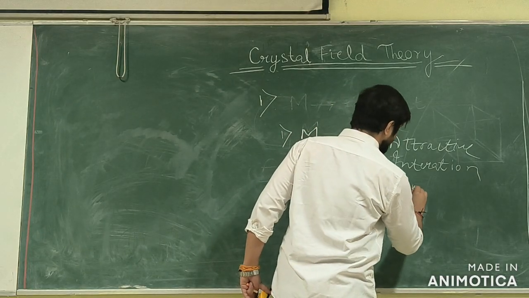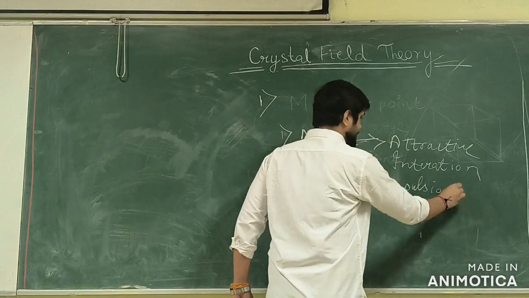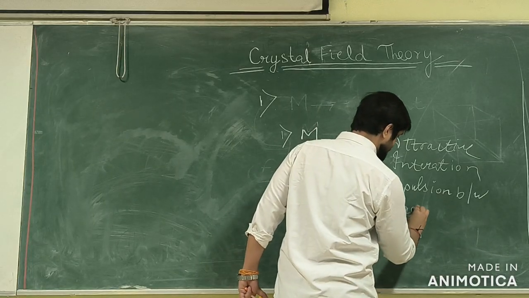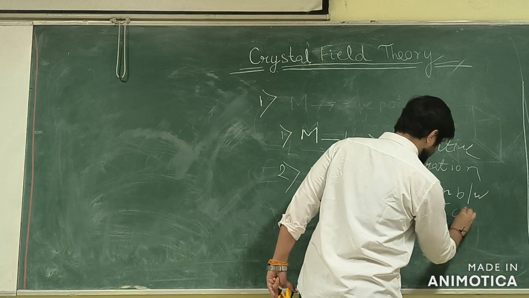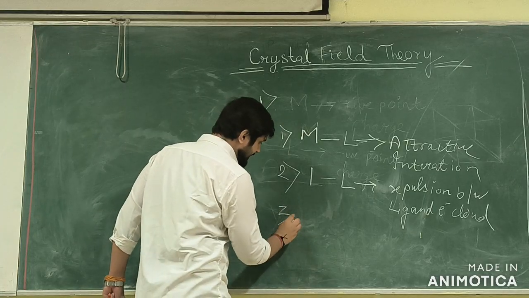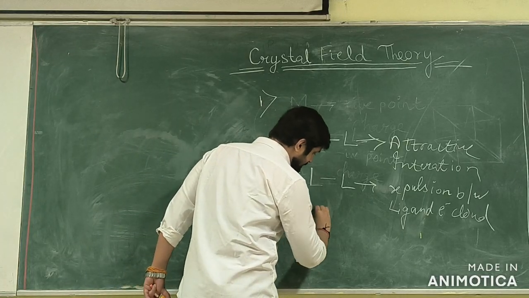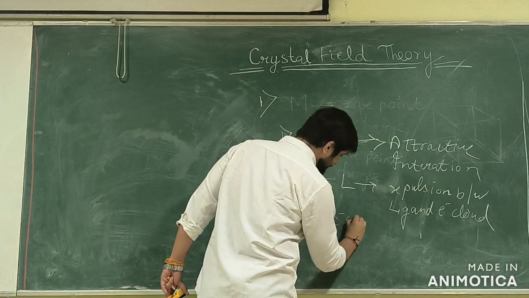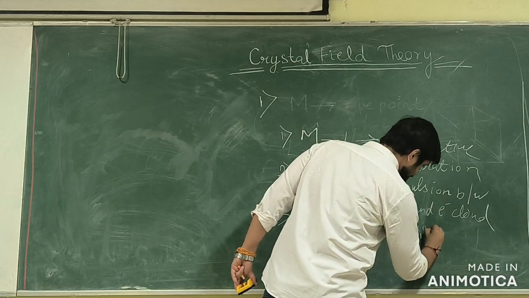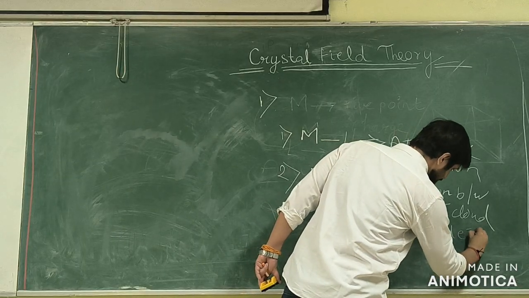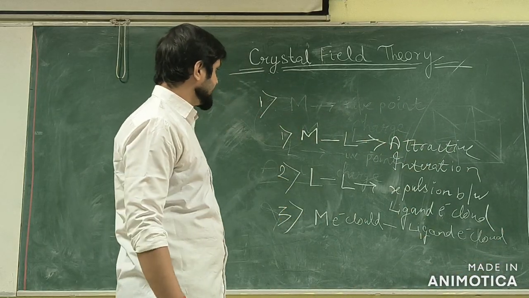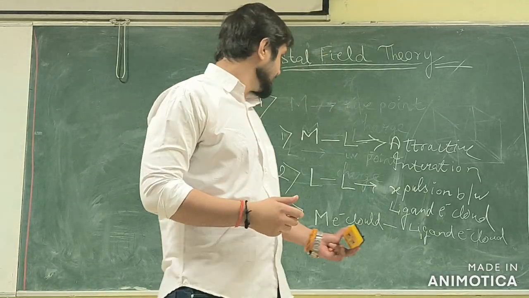Then the third interaction is the repulsion between the metal electron cloud and the ligand electron cloud. So these are the three types of interaction present between the metal and the ligand.